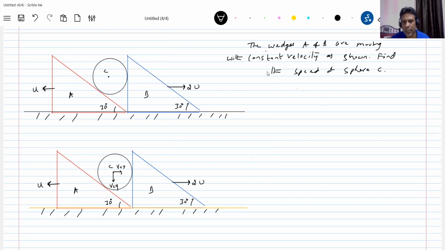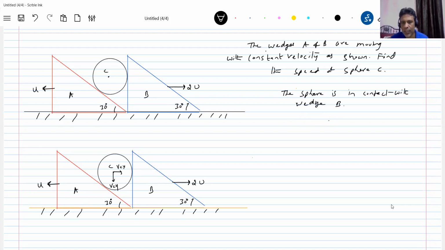The sphere is in contact with the wedge B. So therefore, velocity along common normal must be equal. So Vcx is equal to 2u.